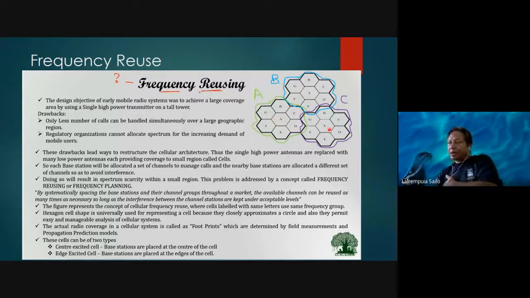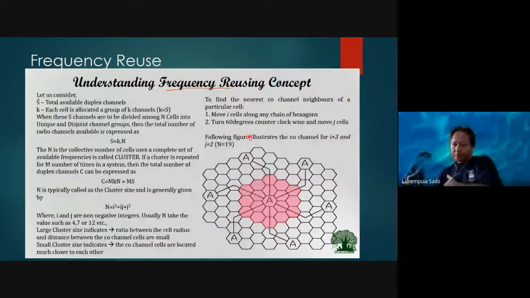A is a replica of C, or C of A, but they don't collide with each other. If a cluster is repeated M number of times in the system, then the total number of duplex channels C can be expressed.